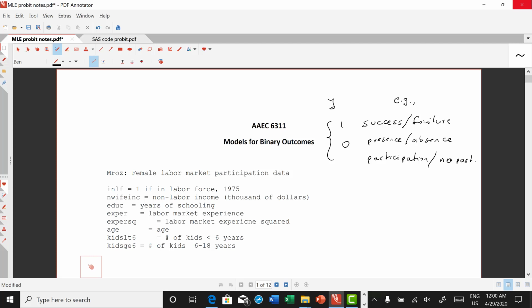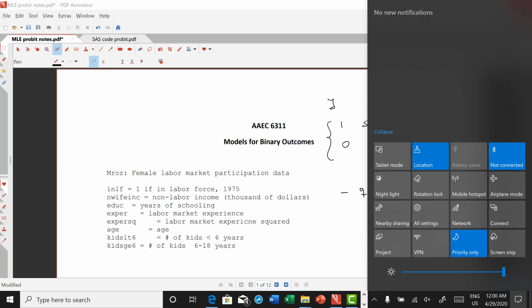Sometimes in the literature, models for binary outcomes are called qualitative outcomes with two options. Another name it takes in the literature is qualitative outcomes.